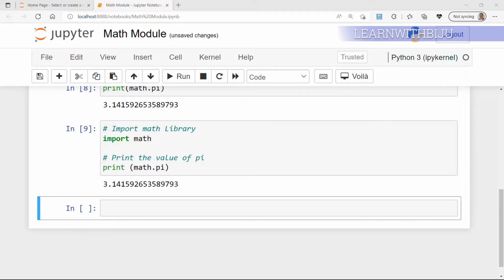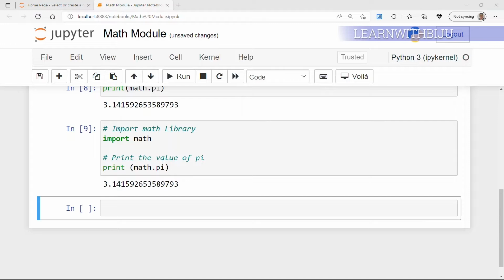Using pi, we can calculate the area of a circle. Where the radius of a circle is 4, the value of pi is 3.1415926535897993. Then the area is pi times r squared, right?